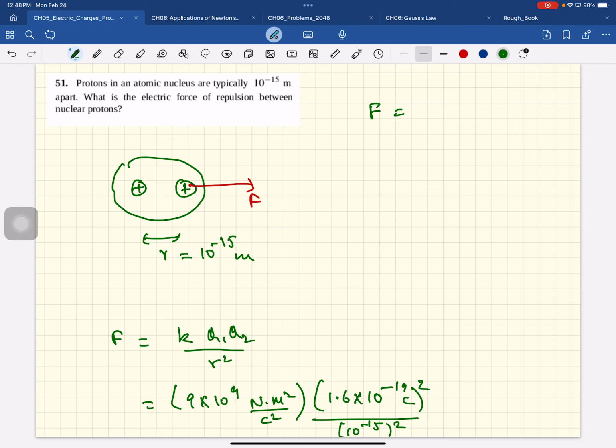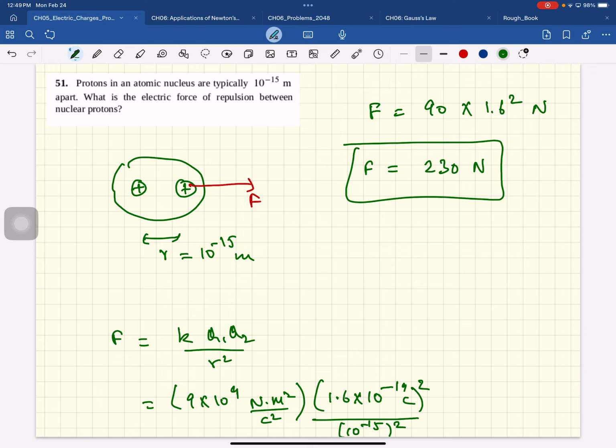So force is 90 times 1.6 square newtons. Okay, so the force between two protons is 230 newtons.